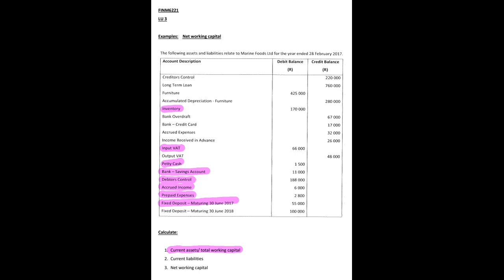So these items are now your current assets. That would be the sum of the 170,000, the 66,000, the 1,500, the 11,188, 6,000, 2,800, and 55,000.